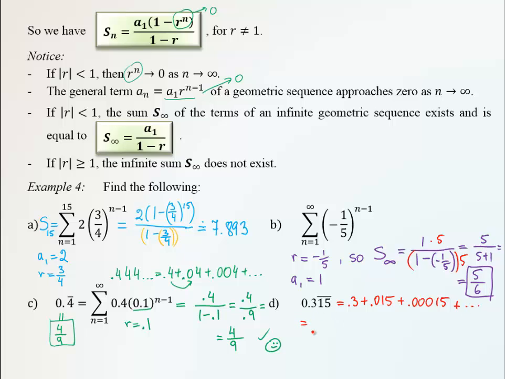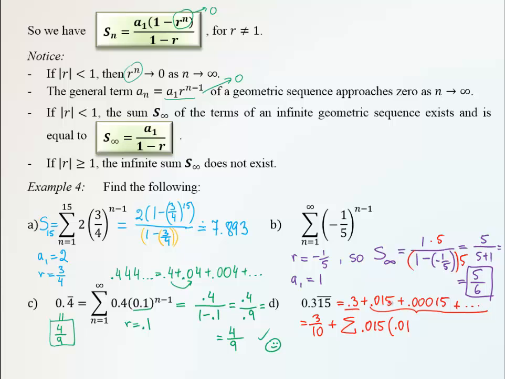So here I would suggest that we separate the 0.3 from the rest of it, and we write 0.3, which is 3/10, and then plus an infinite series, where 0.015 will be the first term. So 0.015 is the first term, and the ratio between the next term and that term is 0.01. So the common ratio is 0.01.